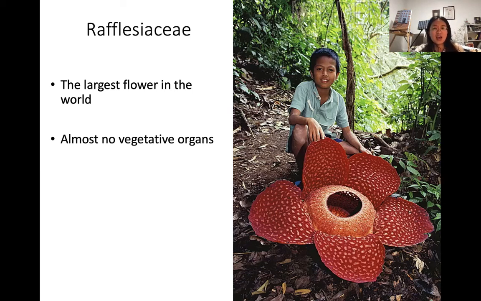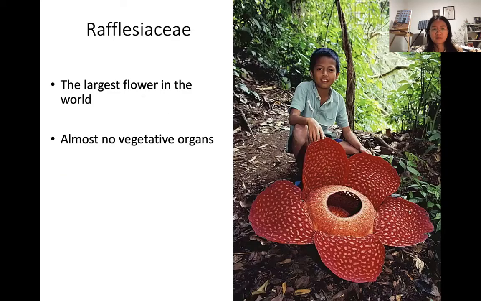Rafflesiaceae, many of you might have heard of it because it produces the largest flowers in the world. That's the species Rafflesia arnoldii. And it is even more striking that it's not supported by any visible or identifiable vegetative organs, including leaves or roots.